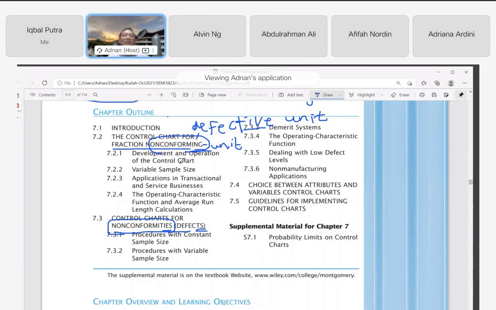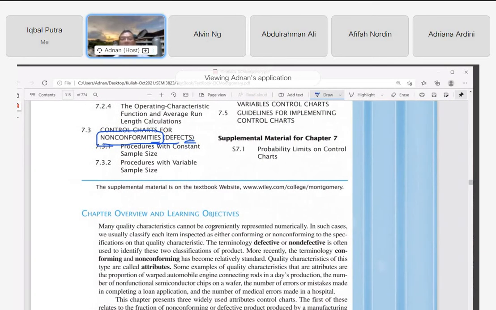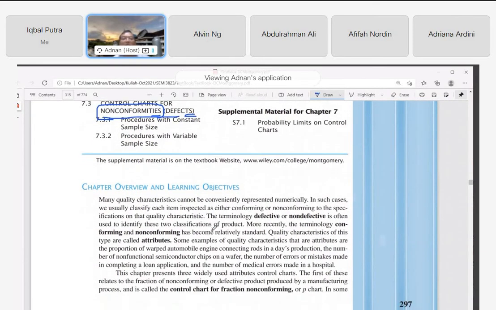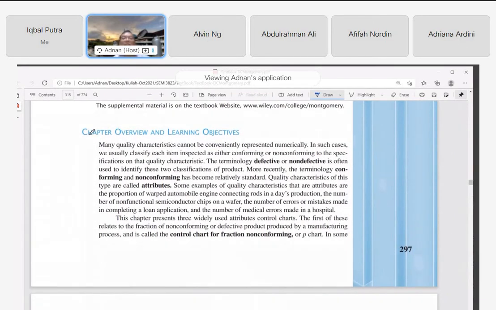So non-conforming, non-conformities, defective, defects, you need to have that clear understanding. If you still do not understand at this point, no problem, but later on after this class, you should be able to differentiate.